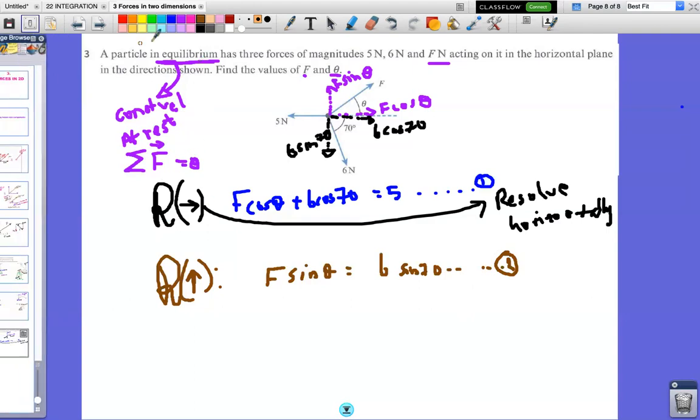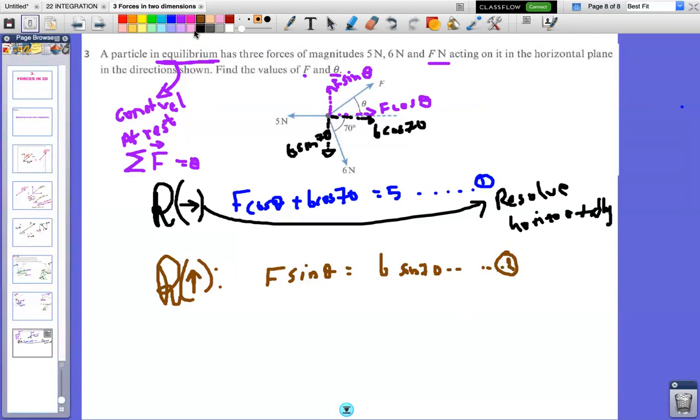I will write down equation 1 again in a simplified form. So we'll have F cos theta is equal to what? 5 minus 6 cos 70.